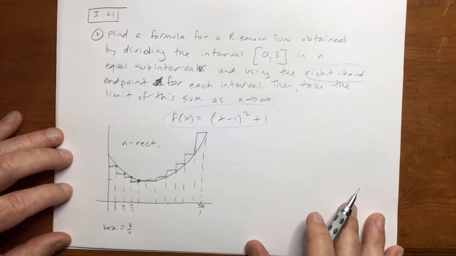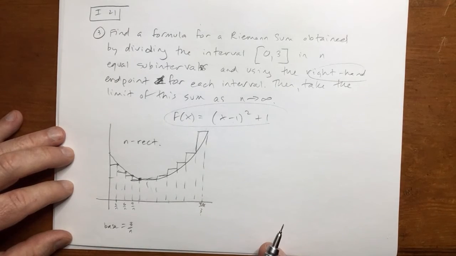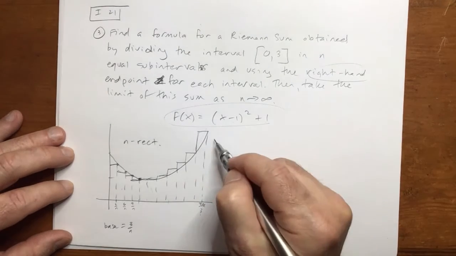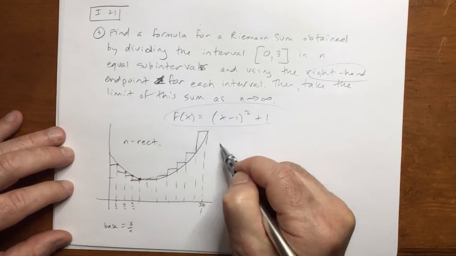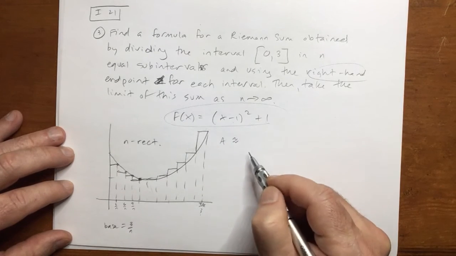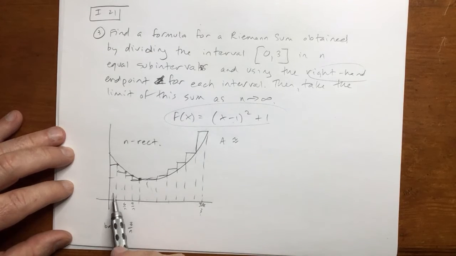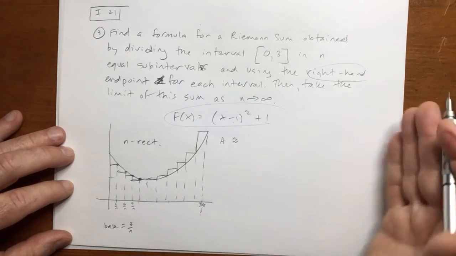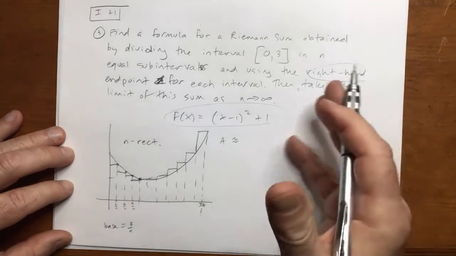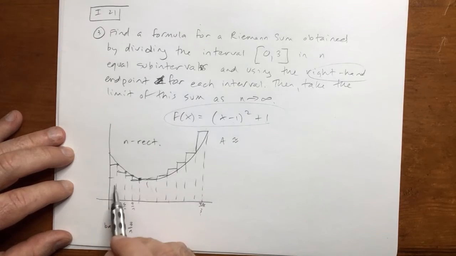And so we can start to develop that Riemann sum, which would give me the approximate area I have drawn here. So the area is approximately this rectangle's area plus this one and so forth. Each base is 3 over n, so I'm going to write that on the end and know that I could distribute it to each of these heights.